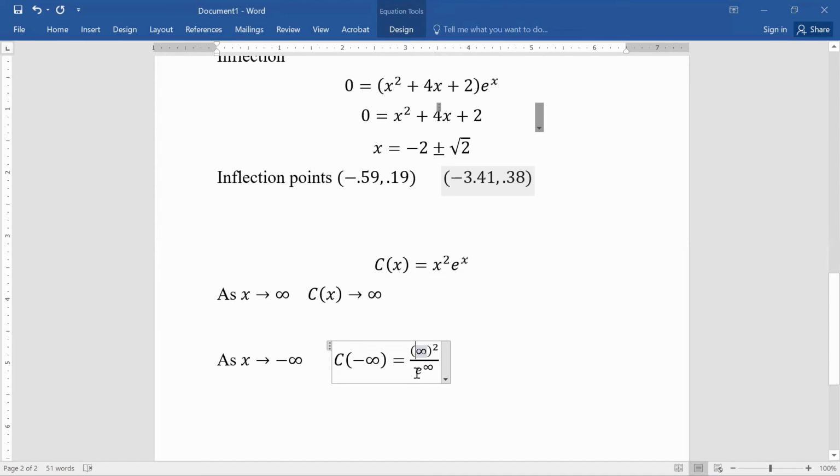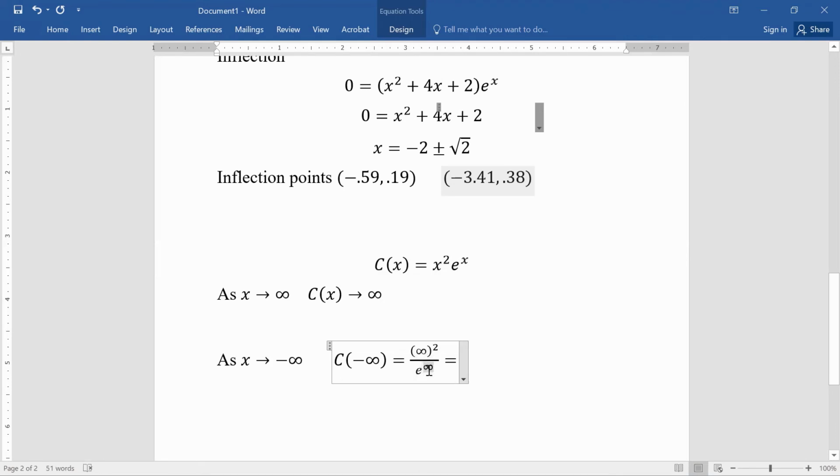And so which one of those is going to grow faster? It's kind of a competition between a polynomial and an exponential as x goes out towards infinity, or in this case, x goes out to negative infinity. So the competition, it turns out, is always won by the exponential piece.